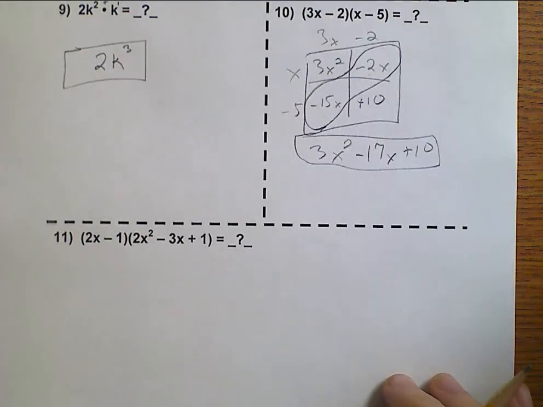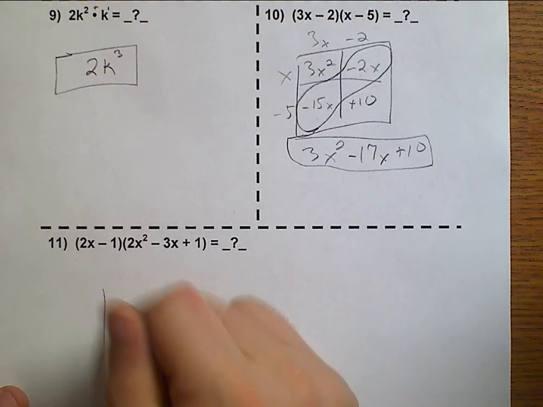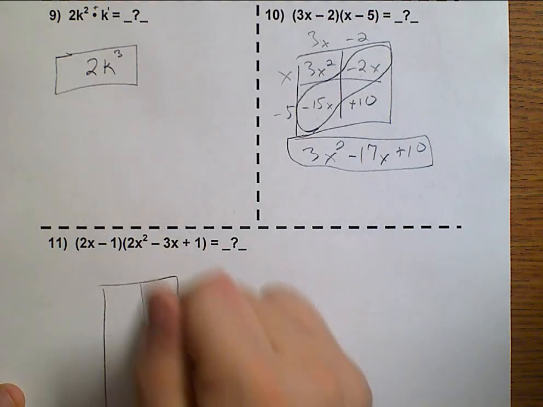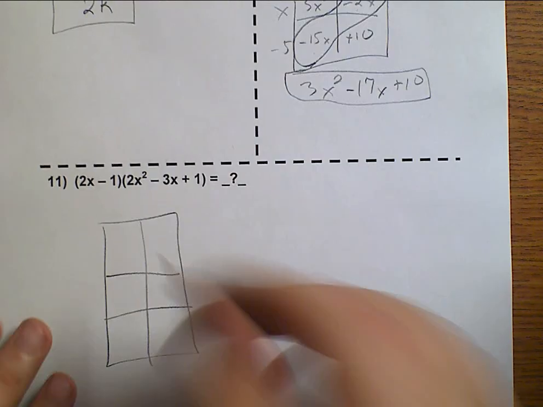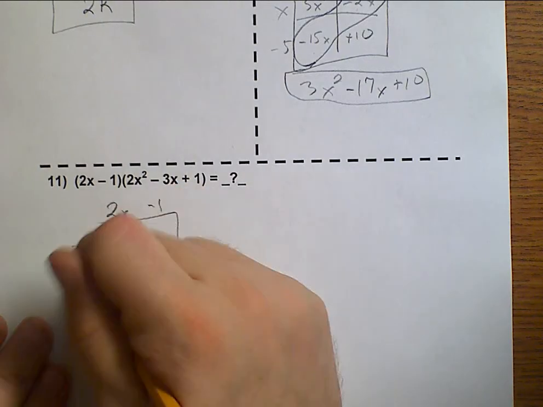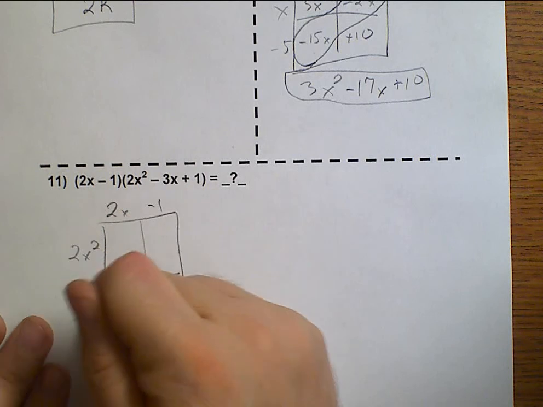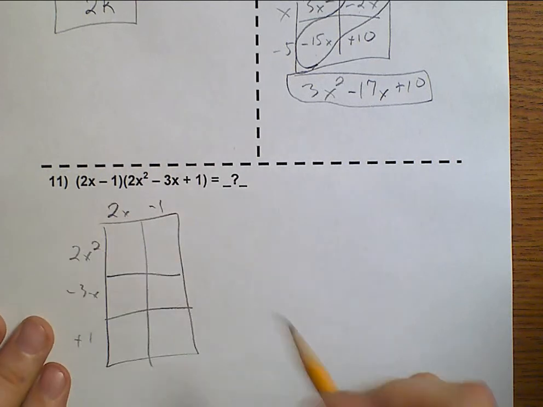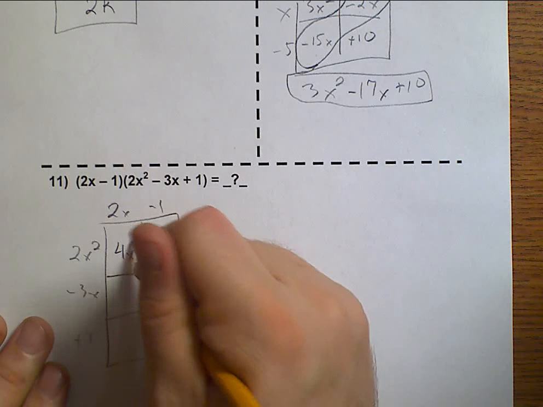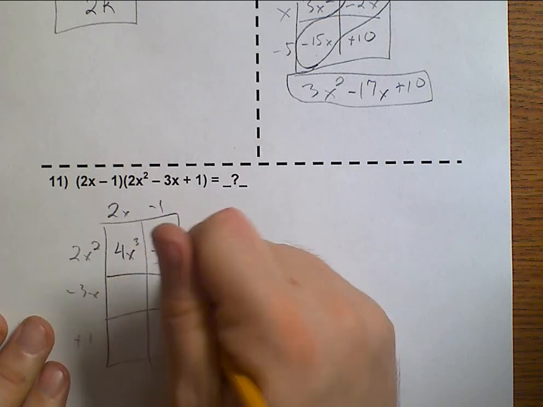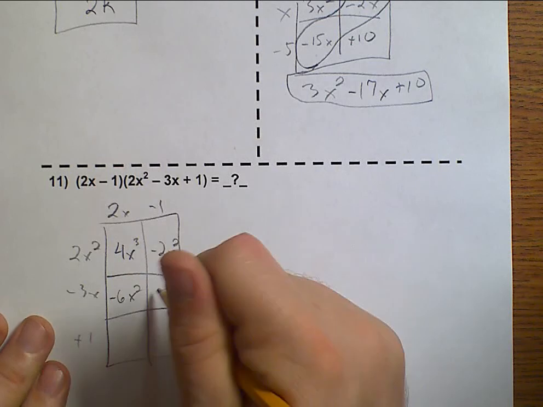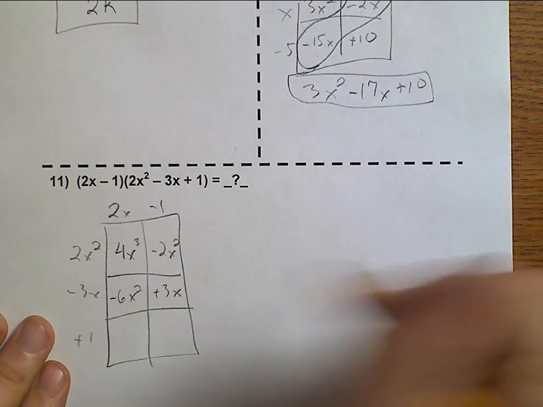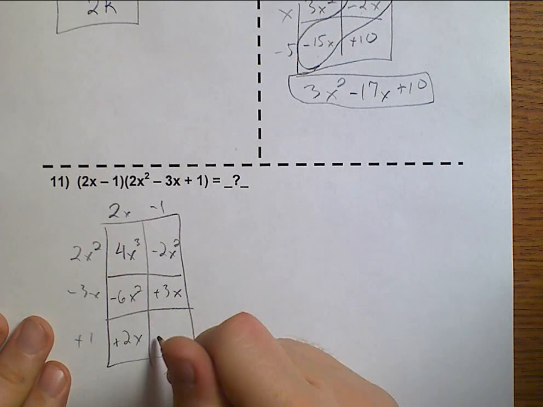And number 11, more on the box method. This time we have a 2 by 3. So we have 2x minus 1, 2x squared minus 3x plus 1. This gives us 4x to the 3rd minus 2x squared minus 6x squared plus 3x plus 2x minus 1.